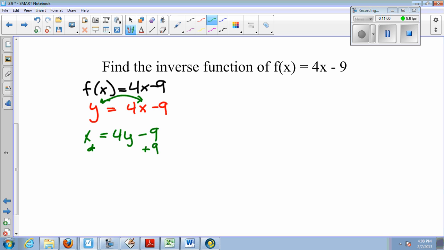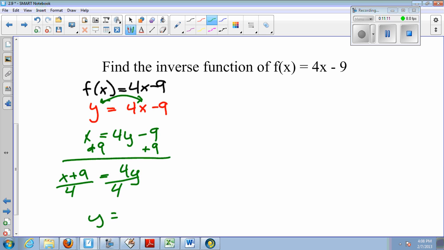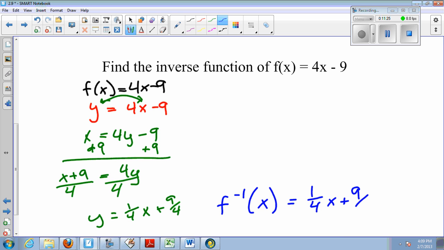Add 9. So 4y equals x plus 9, and divide by 4. So y equals 1/4 x plus 9 over 4. Last step, we rewrite it as f inverse of x, which is 1/4 x plus 9/4.